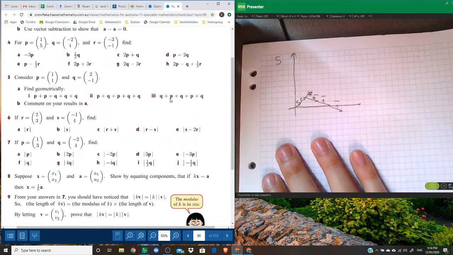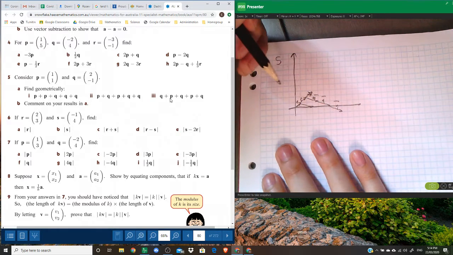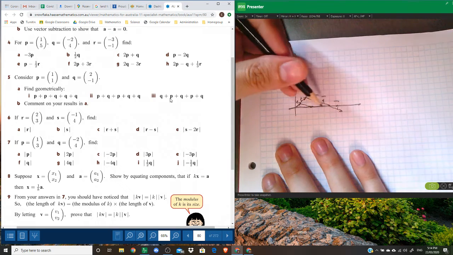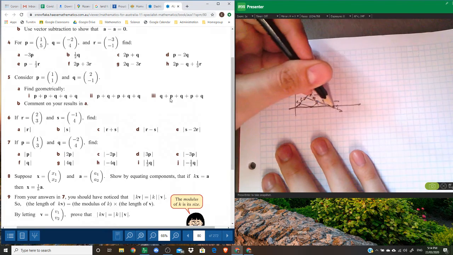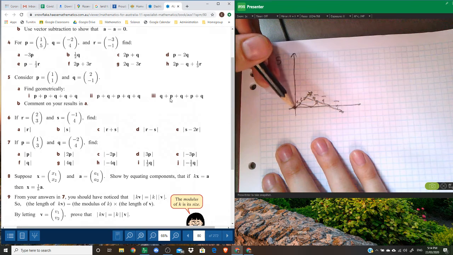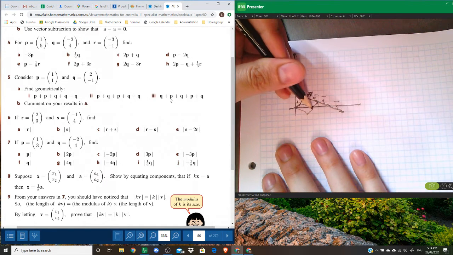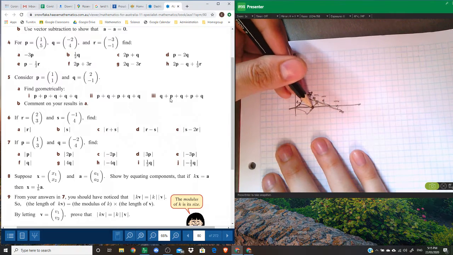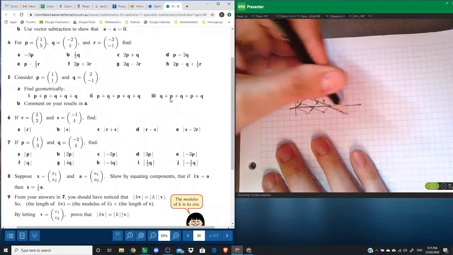Let's try another one. P plus Q plus P plus Q gets me to the same point. It's not surprising. And then Q plus P plus Q plus P plus Q gets me to the same point.